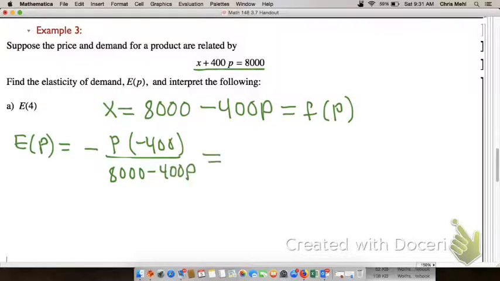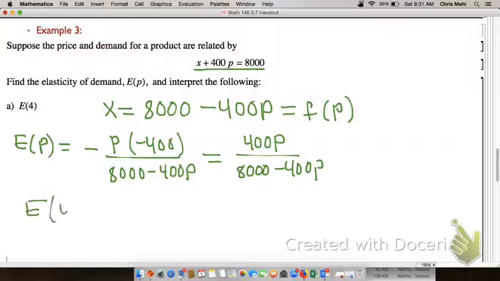And in the numerator, if you multiply that negative in, you'll get p times 400, or 400p, over 8,000 minus 400p.